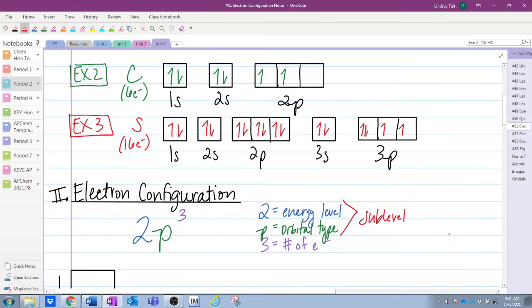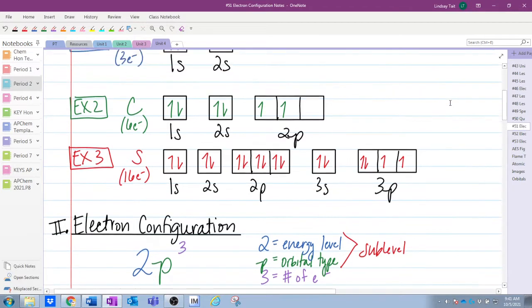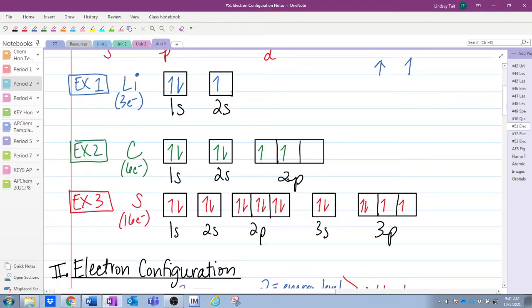So I'm going to start first by showing you how I could get electron configurations from orbital diagrams. Because in your orbital diagrams, they've already told you all of your sublevels down here. And then once you fill it in, you know how many electrons are in each sublevel because you can count the arrows. So if I were to write the electron configuration for lithium, I would write 1s, because that's my first sublevel.